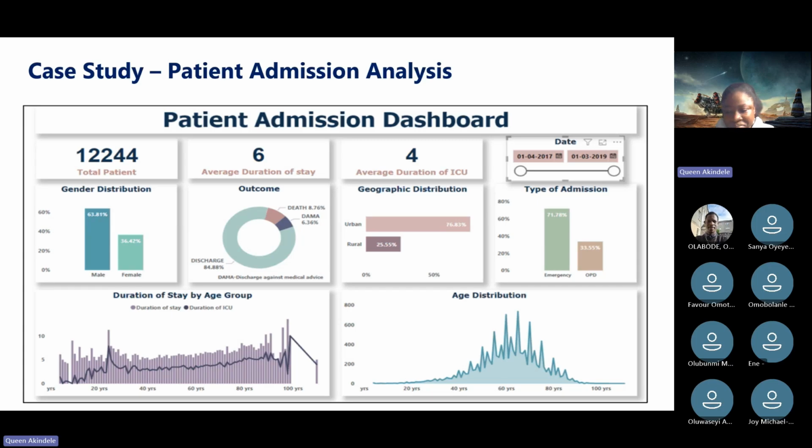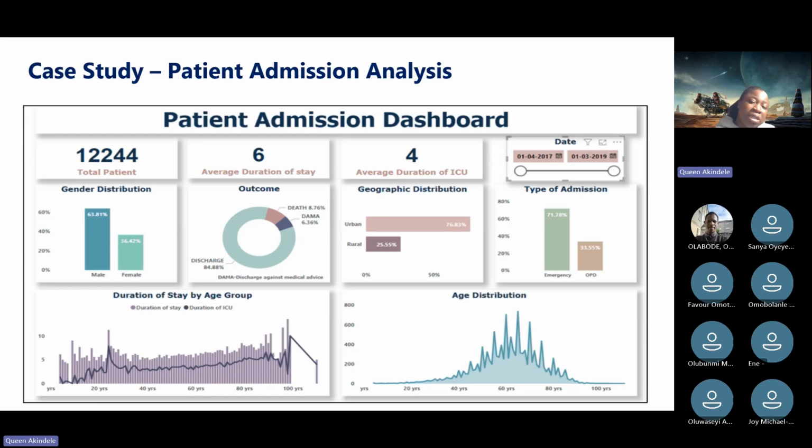You understand? So here now, this data analyst has taken their time to show the key metrics. So that's the key performance indicator. You want to see, okay, how many patients have come to your practice within a particular time frame.